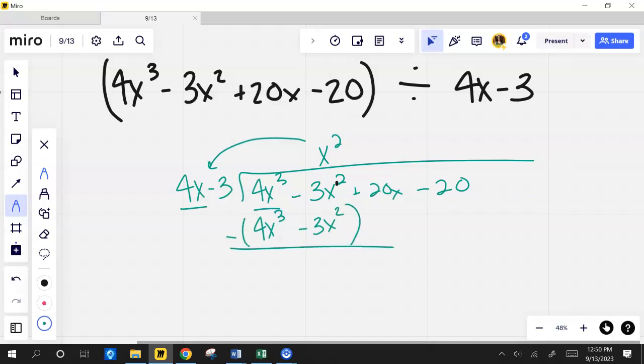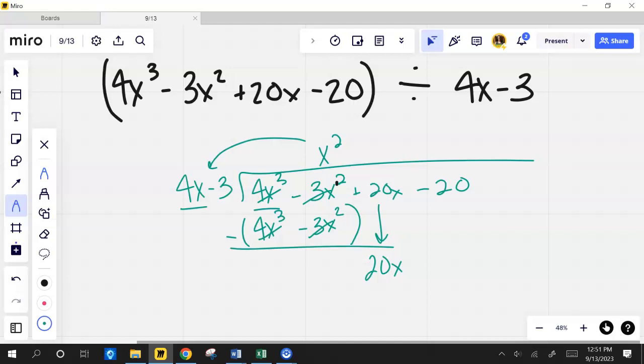Tell me what I do now. Now what? And then you gotta bring the 20x down. Oh boy. Now what? And then you gotta move something there.